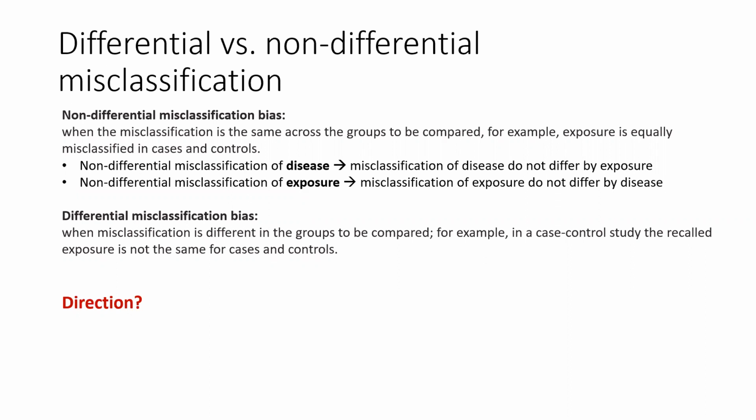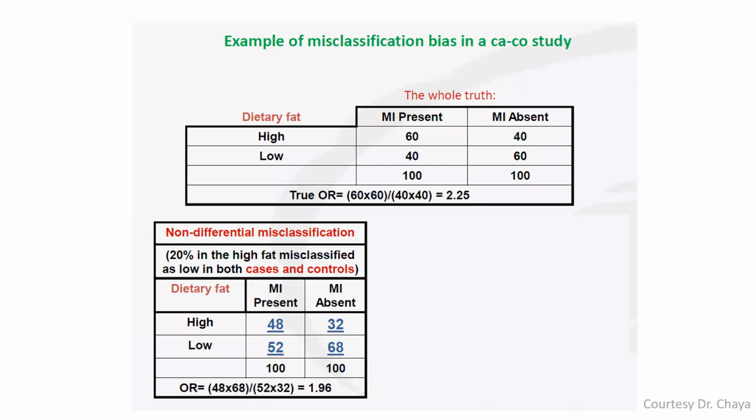Now, the direction. What we have to know is that in non-differential, usually we say that the estimate is biased toward the null value. So in other words, this is also an example from Dr. Shaya's course, just to illustrate differential and non-differential and how it can change the odds ratio.